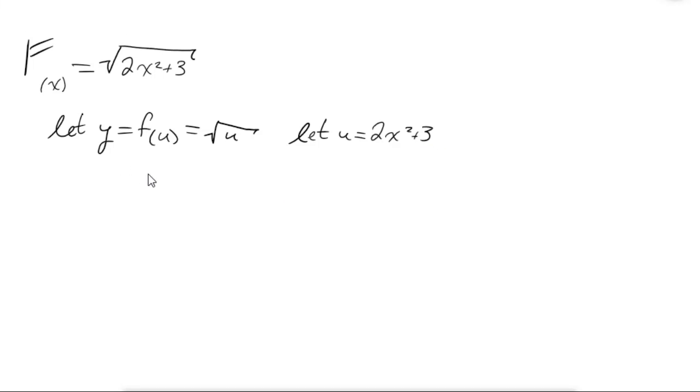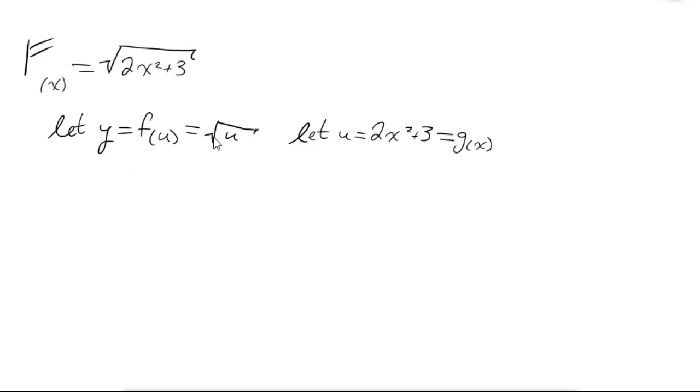So two functions there, f of u and u. Then we can also say u is equal to the function g of x. So now we have a composite function.